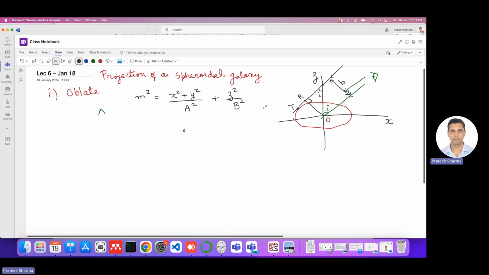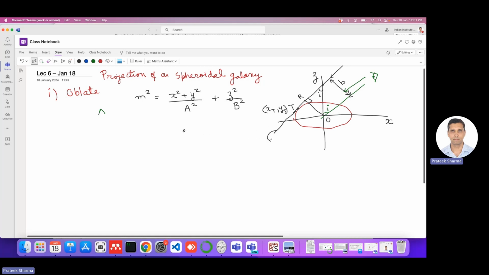Let's say the coordinates are xt, zt for the tangent point, and for this tangent line, we want to know the equation of that line. It's actually very simple geometry.